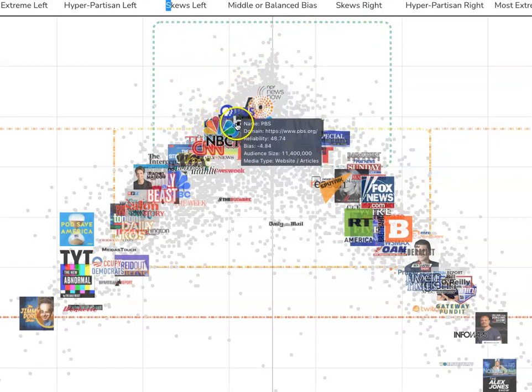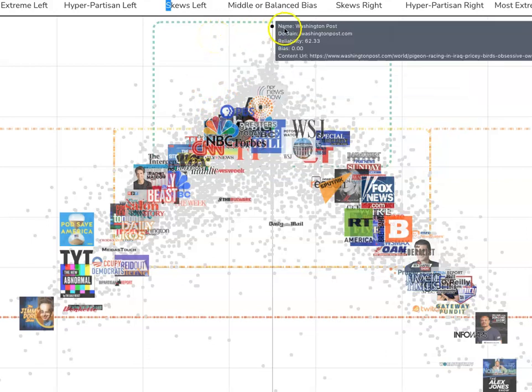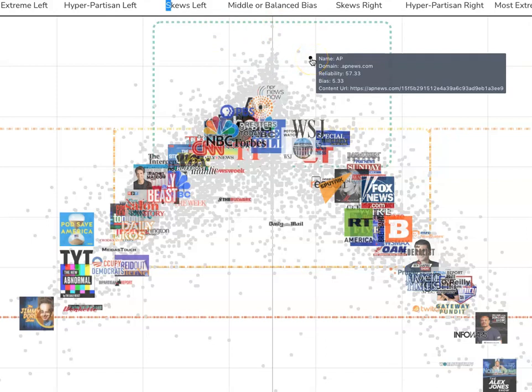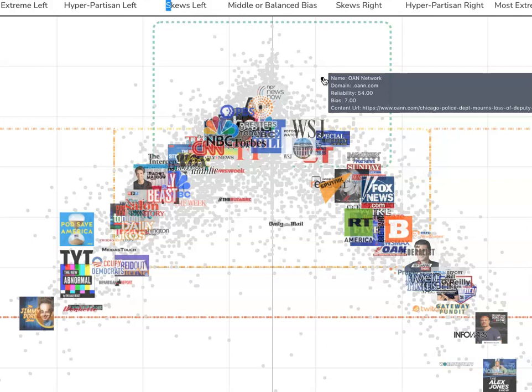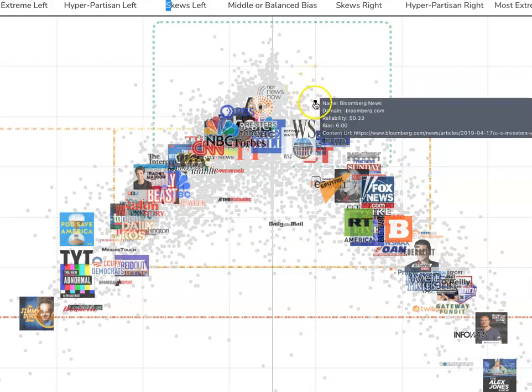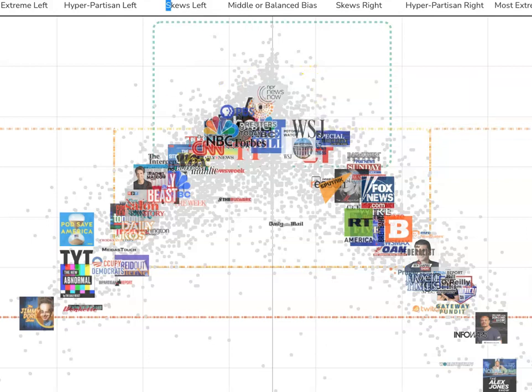You can see the ones that are more national and well known, and these little dots are little things from everywhere. What is this? This is CNN. This is the AP. It's a news service. This is something else. And here we go.